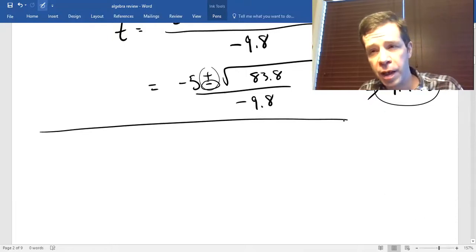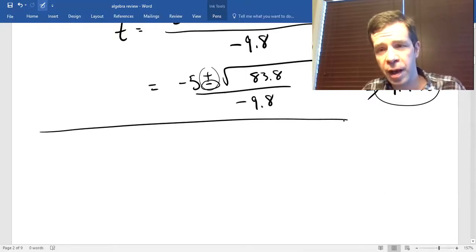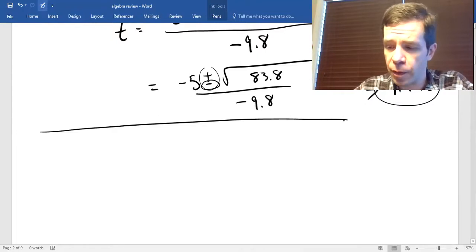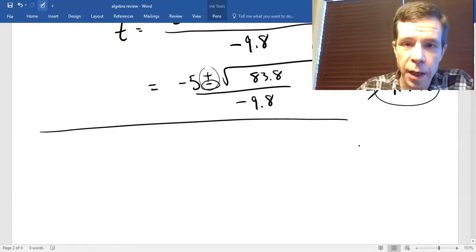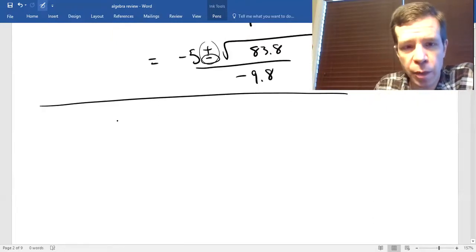We also just want to be comfortable with rearranging things in algebra and solving systems of equations. So let's look at a system of equations you might run into.